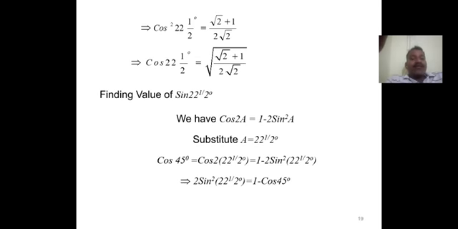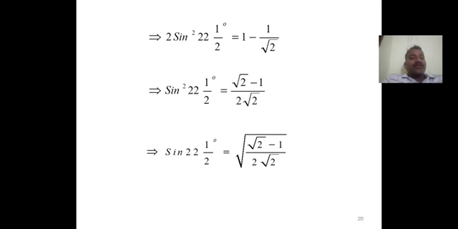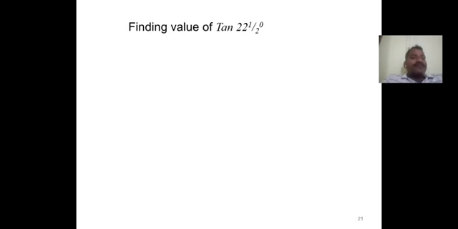This 2 sin square 22 and half equal to 1 minus cos 45, that is 1 minus 1 by root 2. The right hand side is root 2 minus 1 by root 2. So from this, sine square 22 and a half equal to root 2 minus 1 by 2 root 2. Sine 22 and a half is a square root of root 2 minus 1 by 2 root 2. This is the sine 22 and a half.